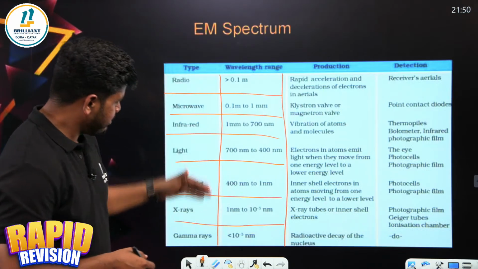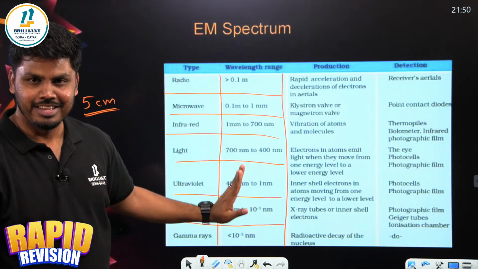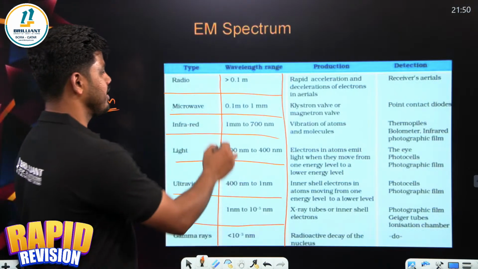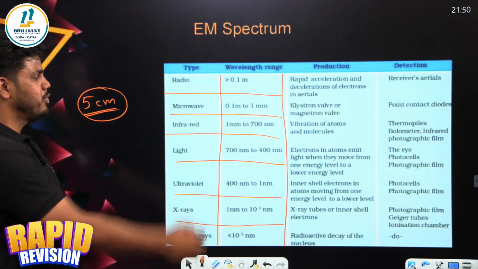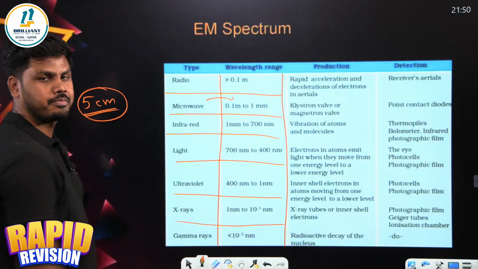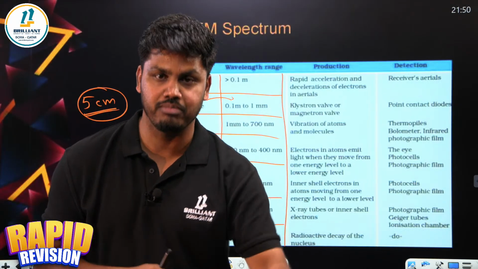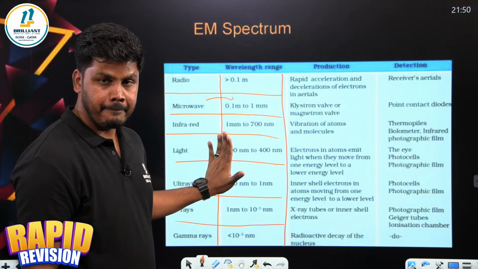If you know the wave, we can write something. We know so many applications of all these waves, we already learned. But they won't ask what is the application of microwaves. They ask what is the application of 5 centimeter wavelength. 5 centimeter wavelength comes to this region. It is microwave. But for that, you have to identify it as a microwave. Then only you can write the application. So learn this properly.